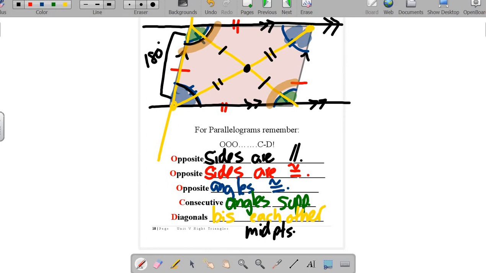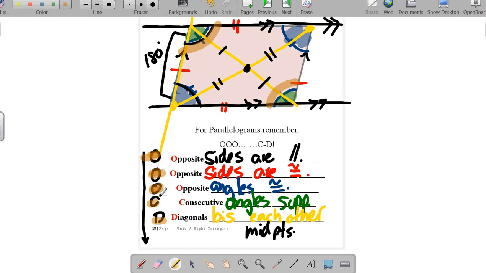Now, we have an acronym here to help you remember these 5 qualities, which you should memorize. Opposite, opposite, opposite, consecutive, diagonal. Think OCD. Say it with me.